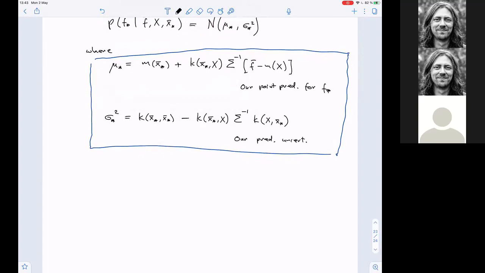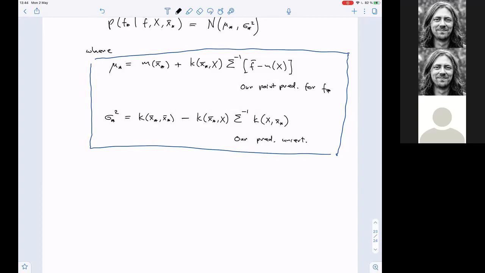So let's try to just get some sort of intuition for what these equations actually mean, or what they say. First of all, your central prediction is mu star. What it says is that you start from your prior mean, M of X star, and then you shift it by a weighted sum.